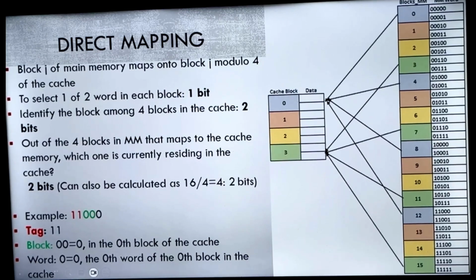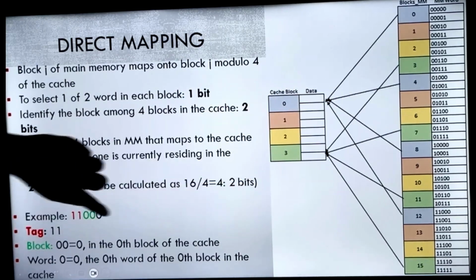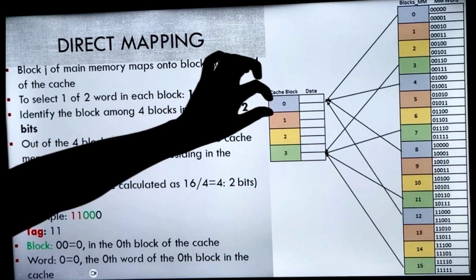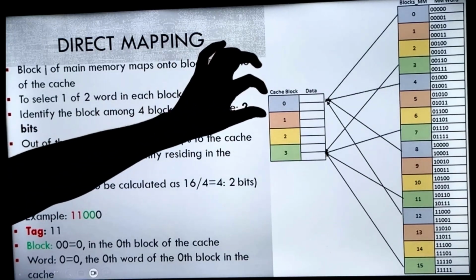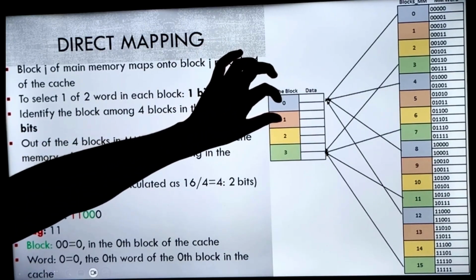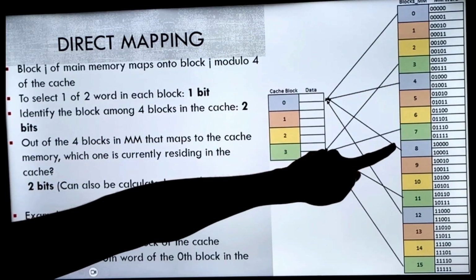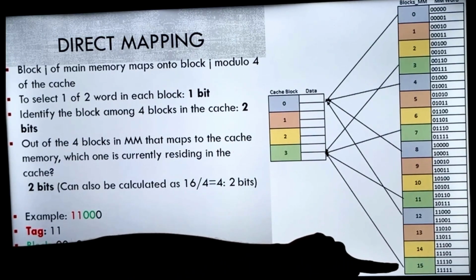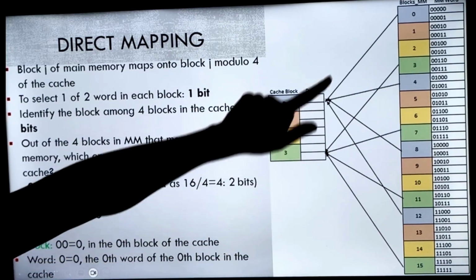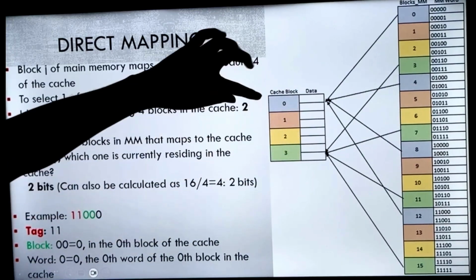You understood that? So 0th word means what? Out of these 2 words, the first word I am looking for. 00 block number means from this block only I want 11. 11 means in 0th block, what are the possibilities I can store? I can store 0, I can store 4, I can store 8, or I can store 12. These are the 4 options I have, right? 15 I cannot. 15 will be there in 3. So 0, 4, 8 or 12, any one of these can be here.